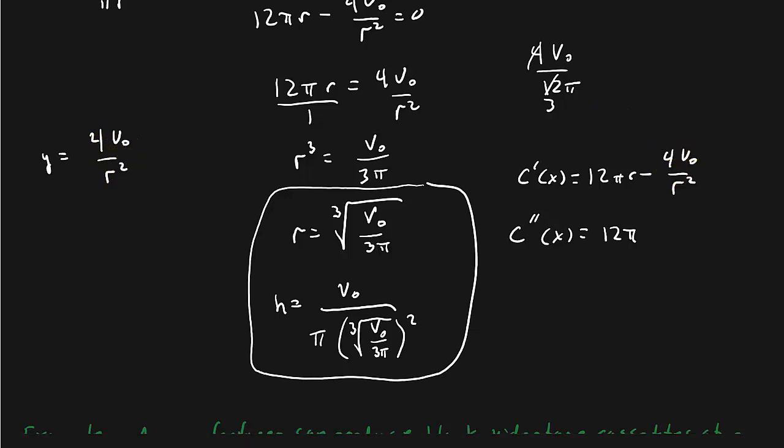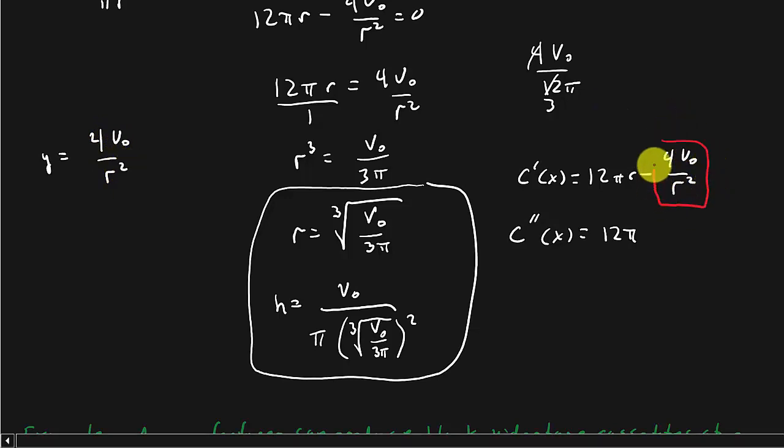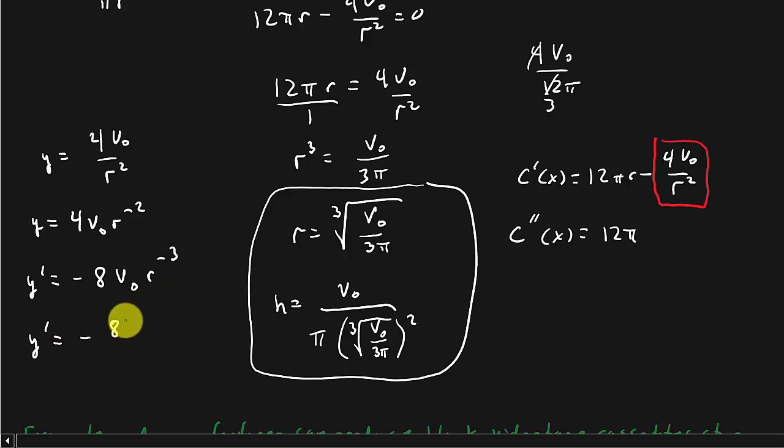We'll take the derivative of this part over to the side. And so we're going to get y equals 4 v naught r to the negative 2. So y prime is negative 8 v naught r to the negative 3, so y prime is negative 8 v naught over r cubed.